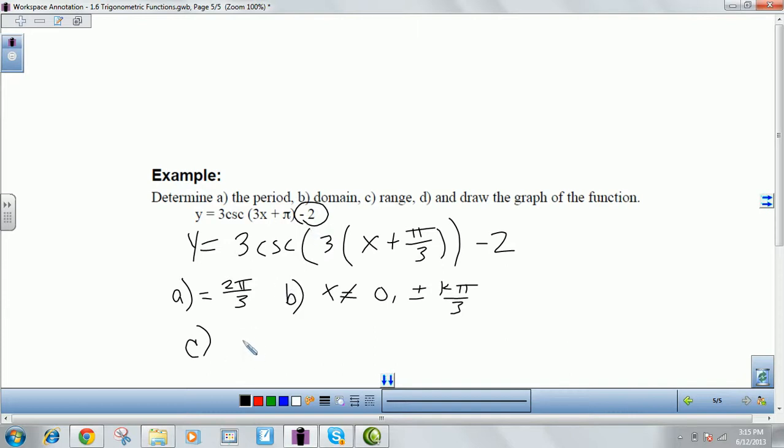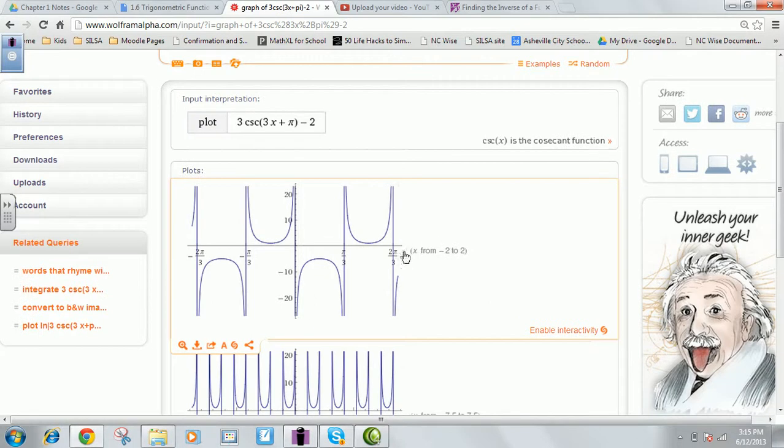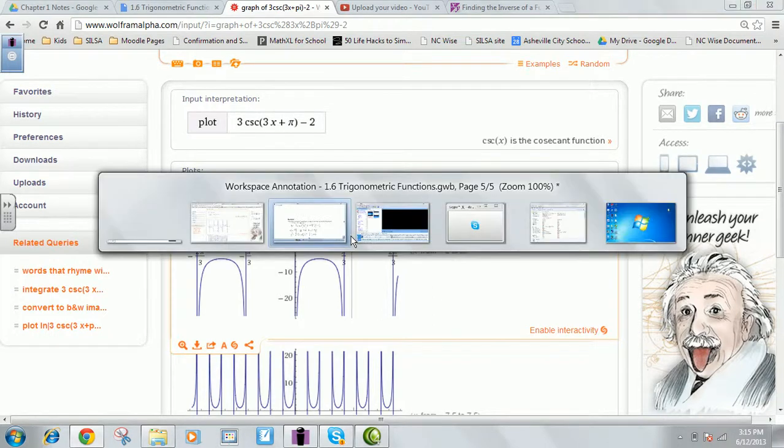So that means your range goes from -infinity to -5, and that's unioned with 1 to infinity, and that becomes your range. Then draw a graph of the function. Hopefully your graph looks something like this. I know cosecant's not used all that often. Just be familiar with what the graph looks like and how to move it around on the coordinate plane.